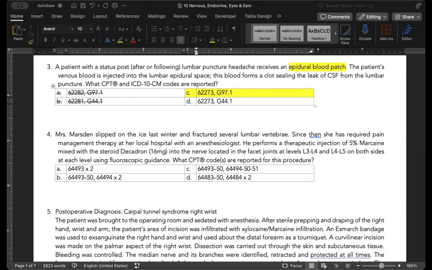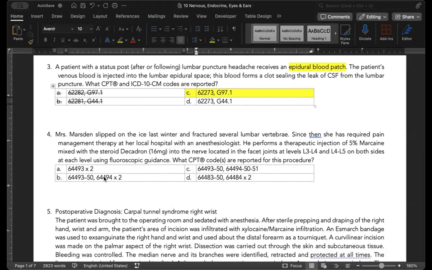We have two that have the same codes, 64493 and then 64494, right? So that to me is probably our code.